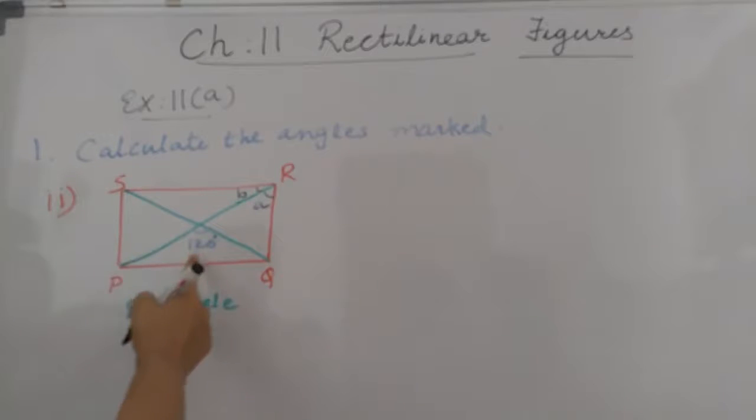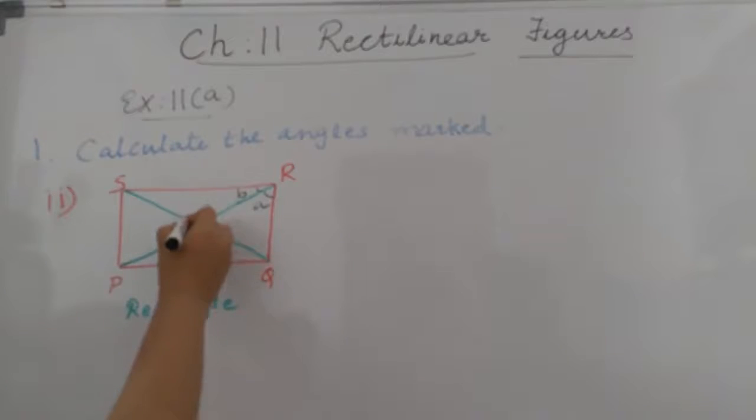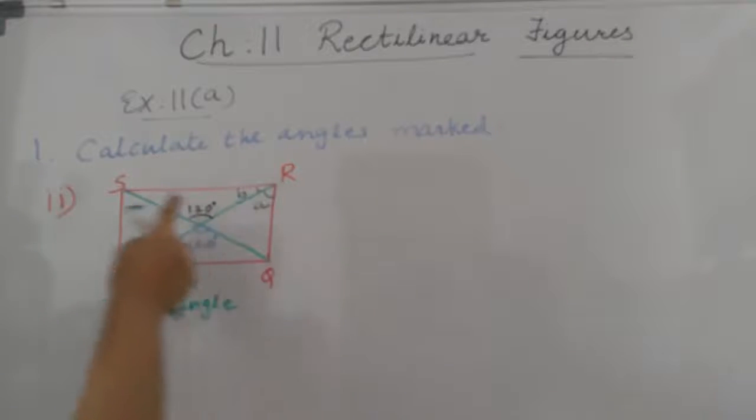First of all, we know that these are two straight lines, so they form vertically opposite angles. So if this is 120, this is also 120. Now students, we have studied the properties of rectangles, in which the diagonals are equal in measure, means PR is equal to SQ.